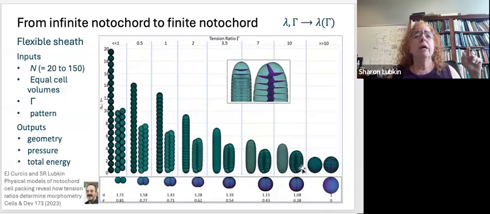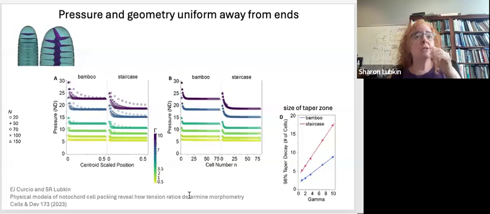Once we had this range of minimal energy configurations, we could do a little bit of analysis on that. And as the pressure varied along the length, that was allowing the ends, because of course this is a soap bubble model, and the pressure relates to the curvature.